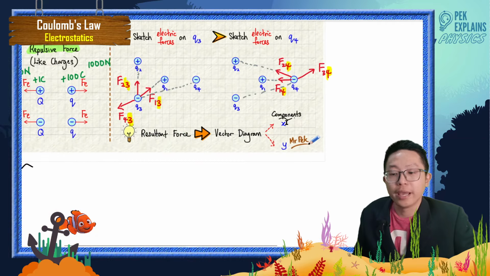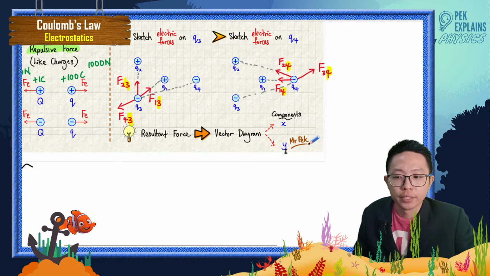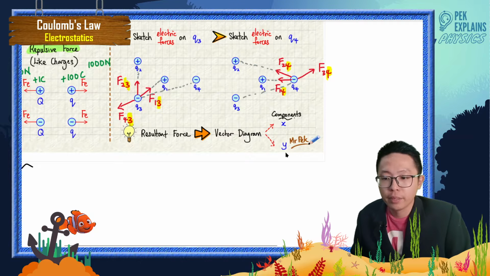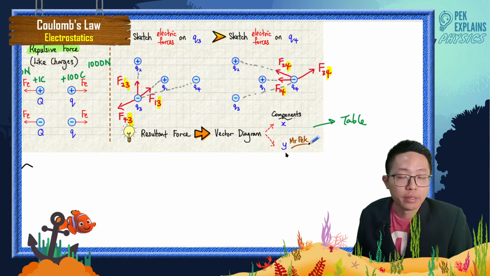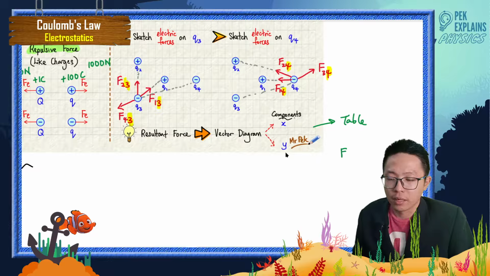Then find the x components, find the y components, and put them into a table. Gather all the information into the table, and then use the Pythagoras theorem to find the magnitude of the resultant force: x squared plus y squared.